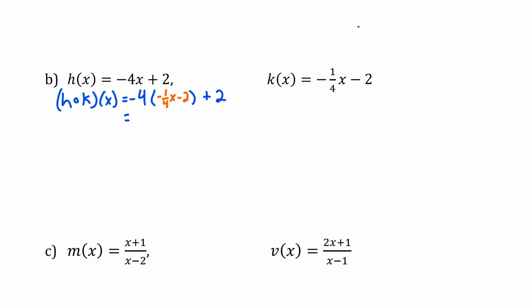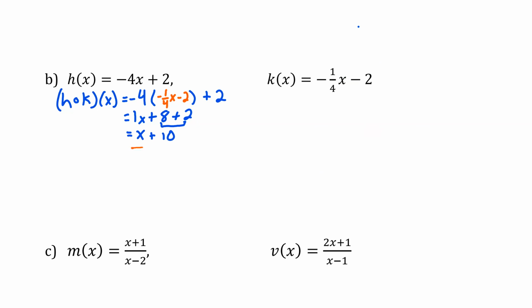And so I'm going to have negative times negative, which is positive. 4 times 1/4 will give me a 1x. Negative times negative is positive. 4 times 2 would give me an 8 plus 2. So I get an x plus 10.